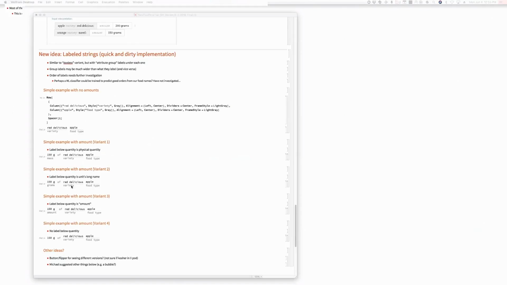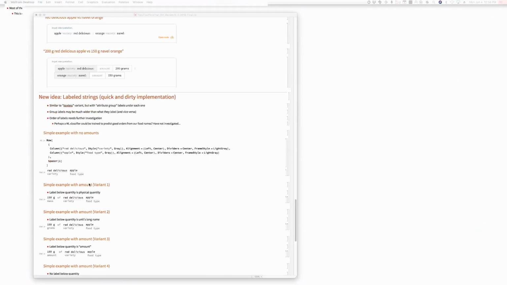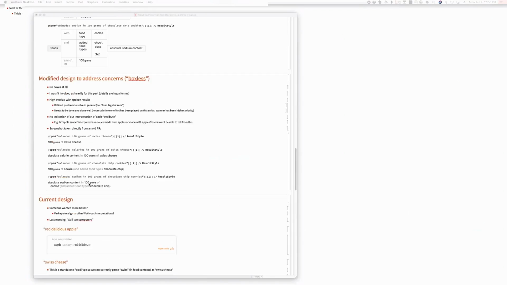Can you explain to me what would happen in this stacked strings or labeled strings case with the fried chicken leg? In the ideal case, it would probably say 150 grams of a fried chicken leg. But you can't achieve that because you've got these things, in the case of that chicken leg.